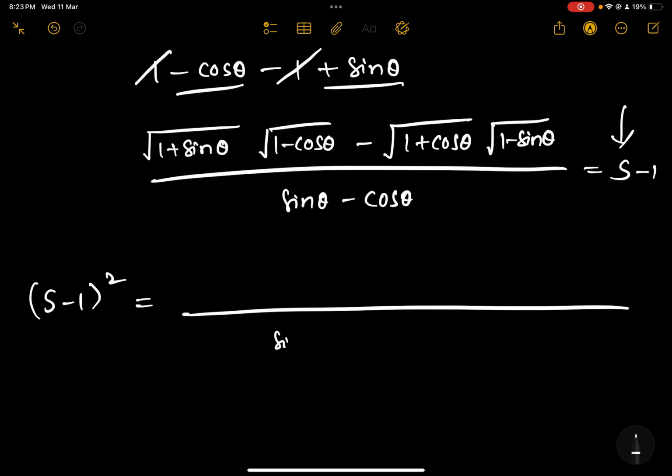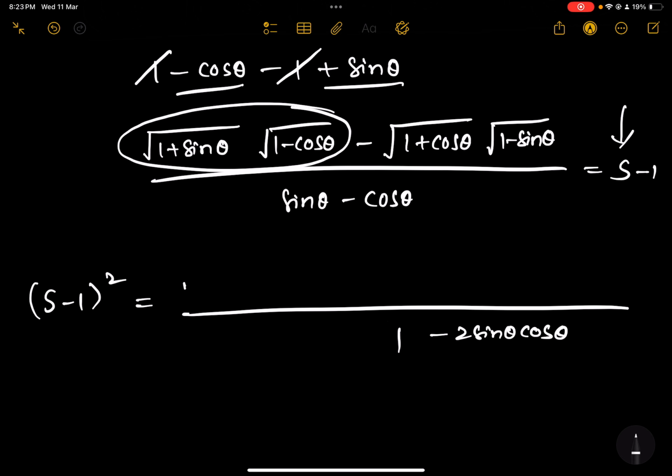When you expand that, you'll get sin square theta plus cos square theta minus 2 sin theta cos theta. But this quantity is equal to 1, so replace that with 1. And when you expand the numerator, for this term you will be getting 1 plus sin theta minus cos theta minus sin theta cos theta.